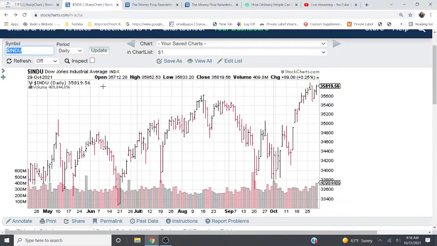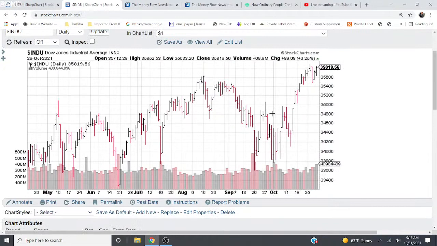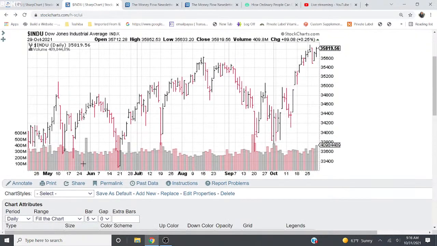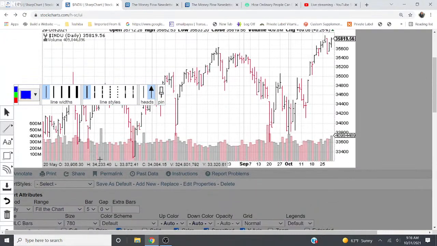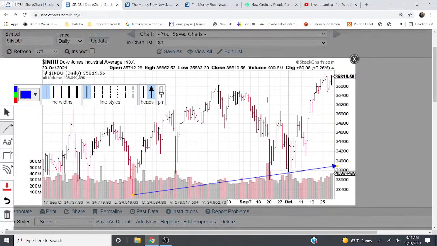And so as we're looking at the Dow Jones here, this is on a daily, right? And just on a daily chart, most of the time, not all the time, but most of the time, if you took a line and found the lowest low on the chart and connected it to the next lowest low, you're going to notice that there's this slight move to the upside, that it slowly grinds higher.